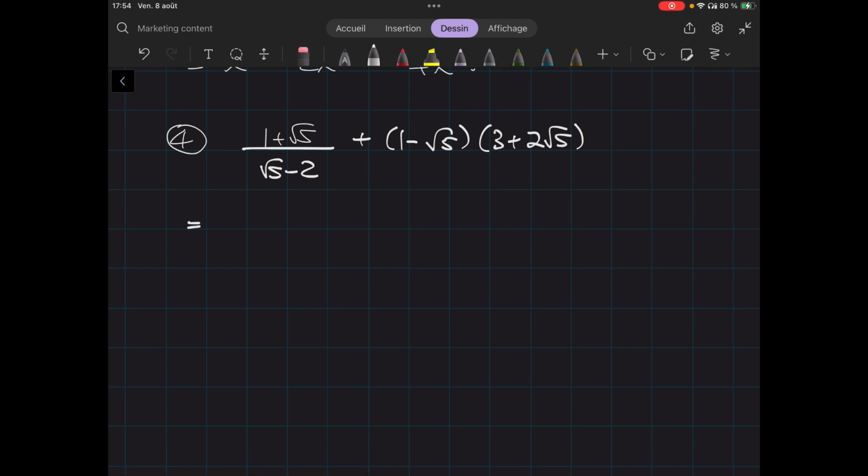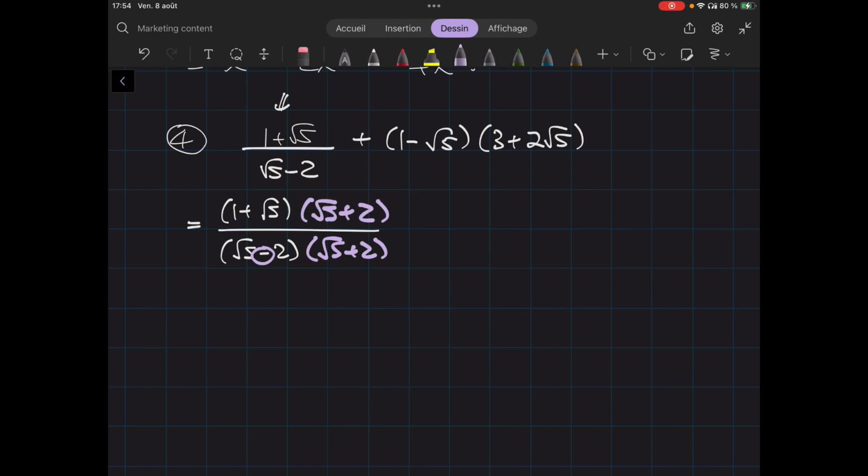To rationalize the denominator for the first term, we are going to multiply by the conjugate. The conjugate of root 5 minus 2 is root 5 plus 2. And we are going to multiply this factor to both the denominator and the numerator.